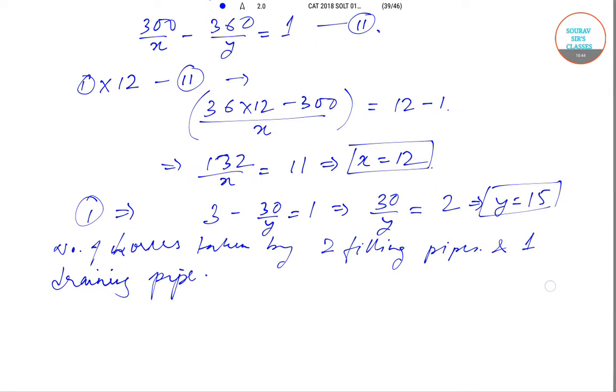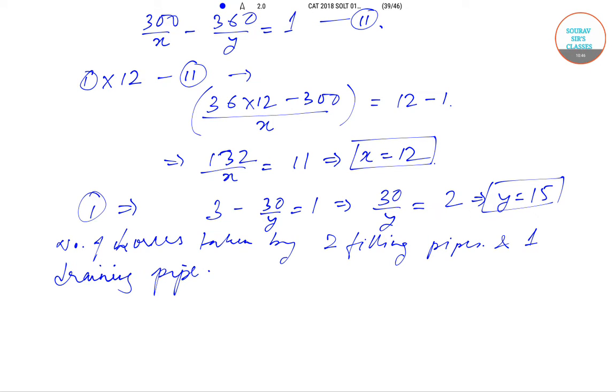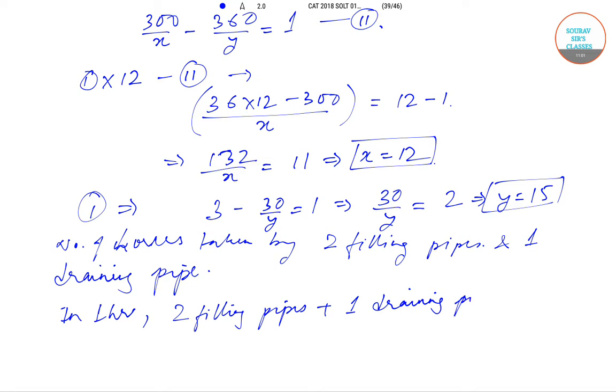Okay, so now we know that in 1 hour two filling pipes plus one draining pipe would do 2 by X, not plus, there will be a minus sign over here, 2 by X minus 1 by Y of the work.